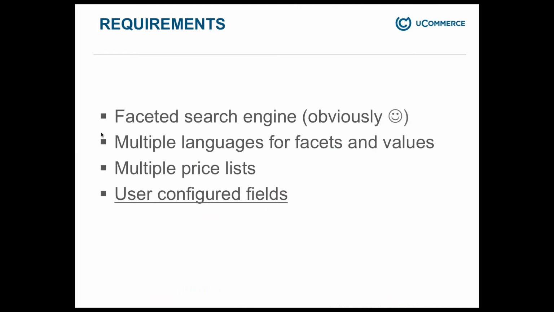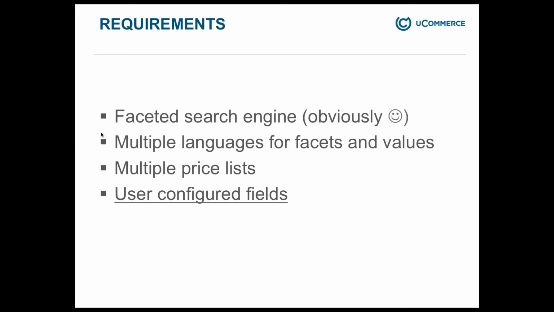The reason I have it here on the slide is because we looked at a bunch of different things, dedicated search engines, document databases, a bunch of other things. And some of these have a faceted search engine, some of these don't. So if you could get that out of the box, that would be awesome. uCommerce is a multilingual e-commerce platform, so it supports lots of languages out of the box. It'll localize catalogs to the various markets that you're providing products in.